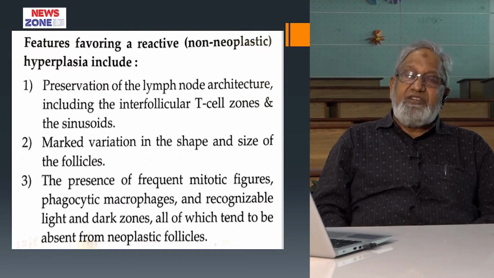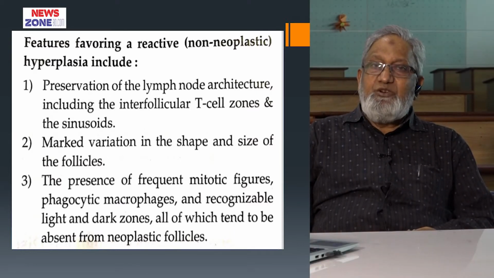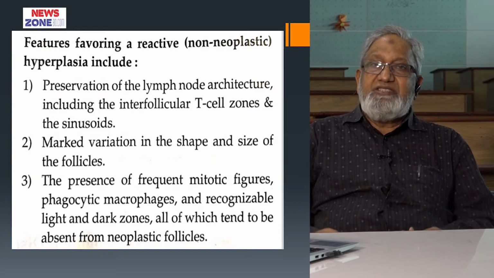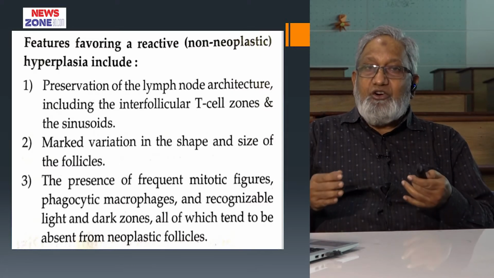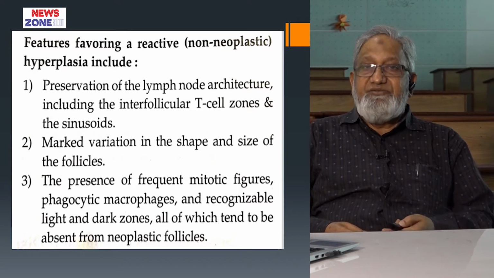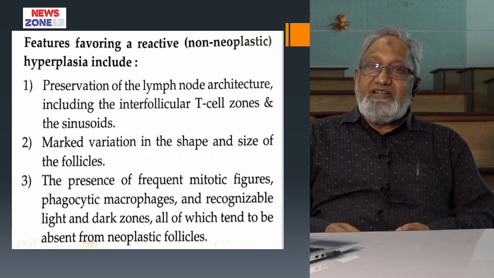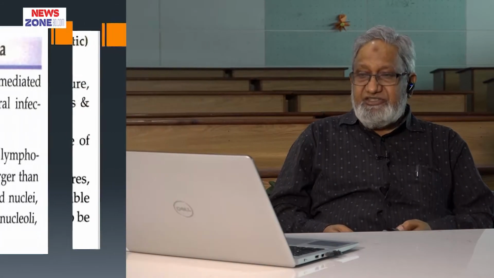These are different from neoplastic changes. So, what do we see in neoplastic lymph nodes? First, the nodal architecture is completely effaced, that is, there is no cortical or medullary structure. But in reactive hyperplasia, the lymph node architecture is preserved.